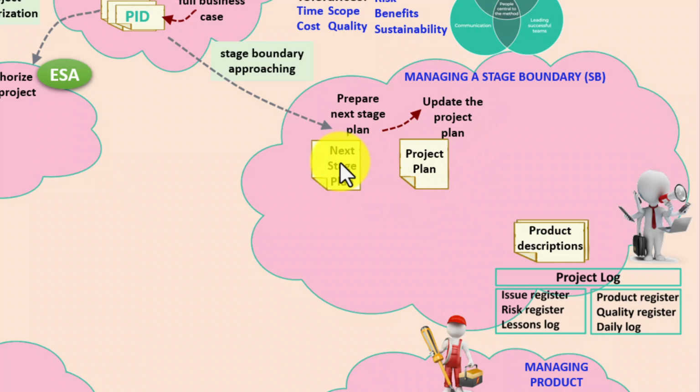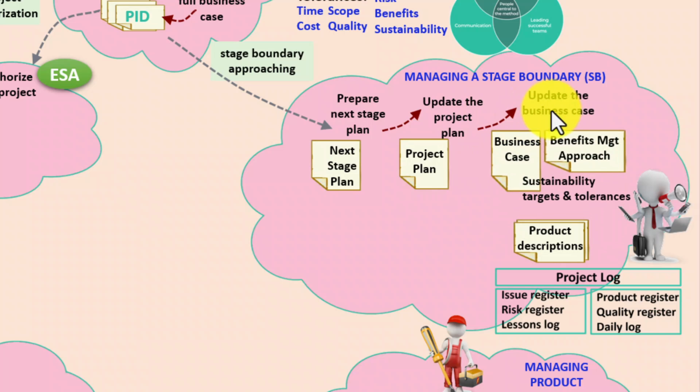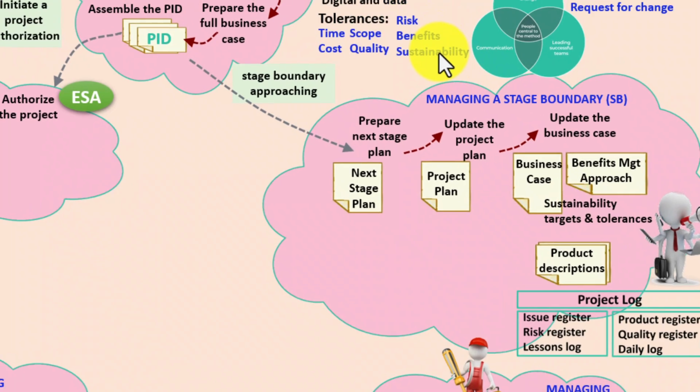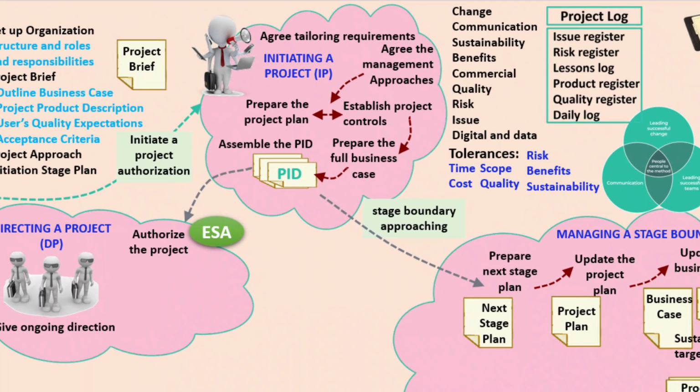But now we've updated the project plan, maybe in terms of time, costs, schedule, resources, the definition of products, and so on and so forth, we now need in a similar way to update the business case. But not just the business case, which, can I remind you, contains sustainability, targets and tolerances, here they are mentioned up here, but also the benefits management approach, one of the approaches we talked about here.